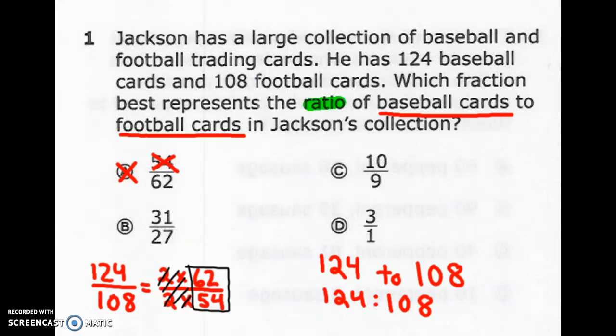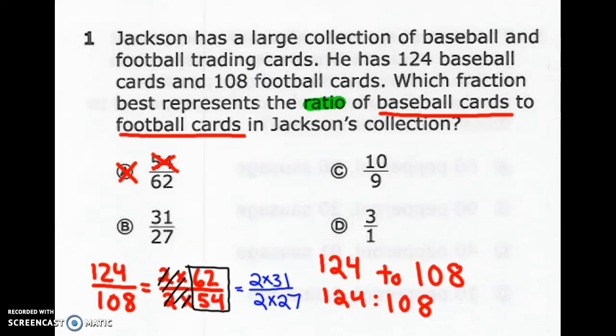I still do not see that answer, so I'm going to continue to see if I can shrink down that fraction. So I'm thinking to myself, what can I multiply to get 62? I could multiply 2 times 31. Using one of those numbers, what could I multiply to get 54? I could multiply 2 times 27.